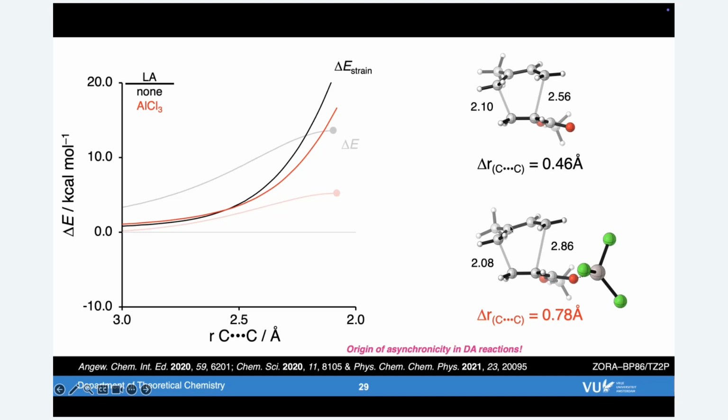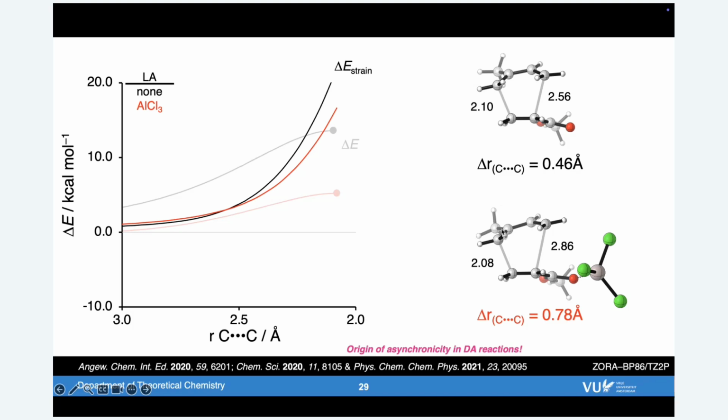And in the case of the Lewis acid catalyzed reaction, the path becomes even more asynchronous. Now the difference in the newly forming bonds is much larger. And so we've already established that the strain energy for these reactions can be traced back to the structural reorganization of your fragments.